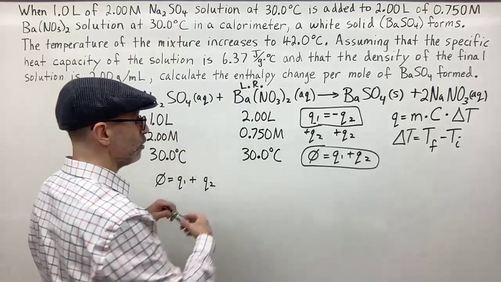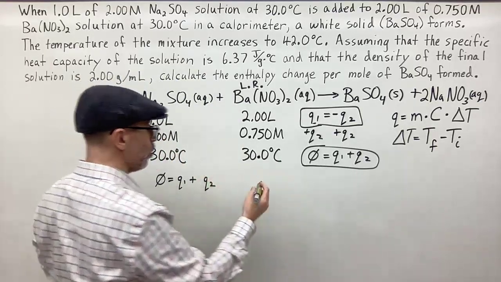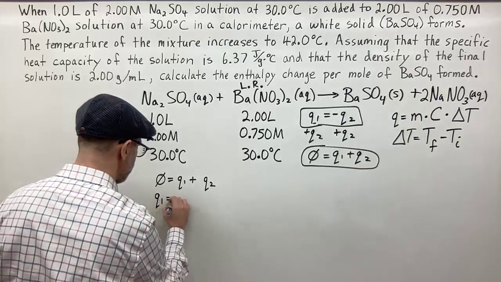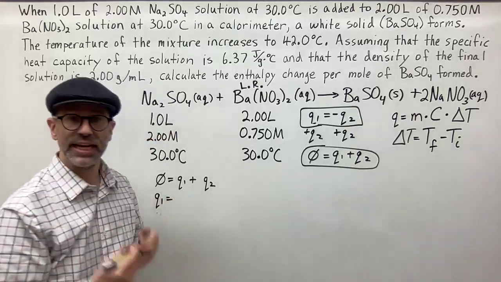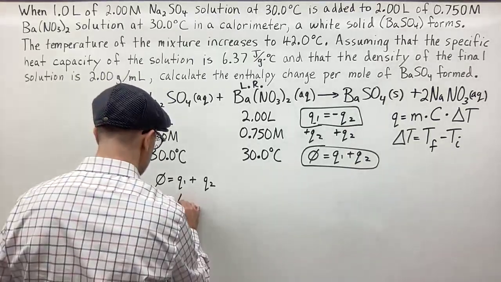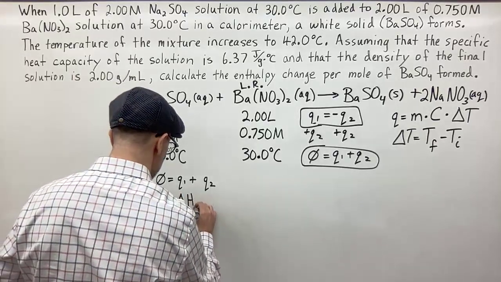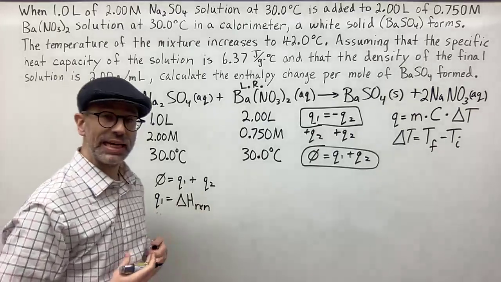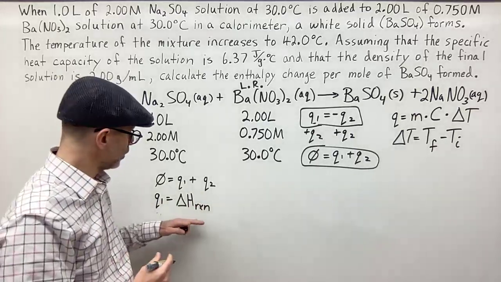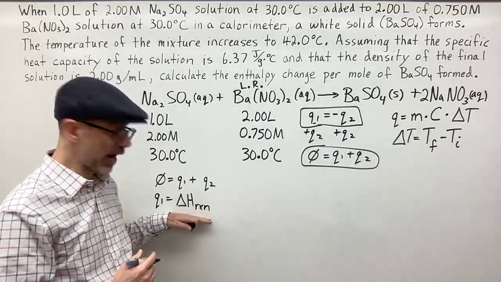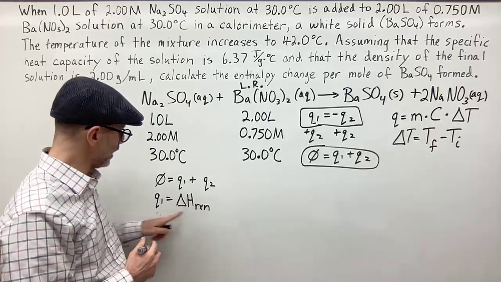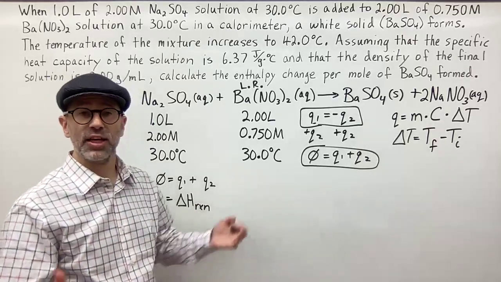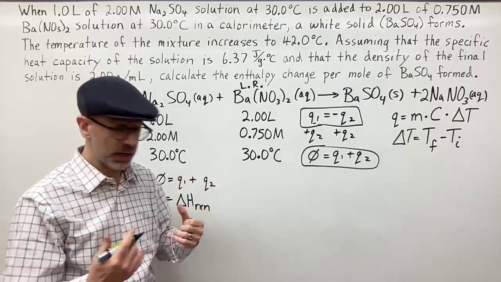So now, if I make Q1 equal to the heat of the reaction, that's going to be delta H of the reaction. That's the enthalpy of the reaction, the heat giving off, the total amount of heat given off in the reaction. So we're going to make that equal to Q1. Well, what's Q2? That's the solution.